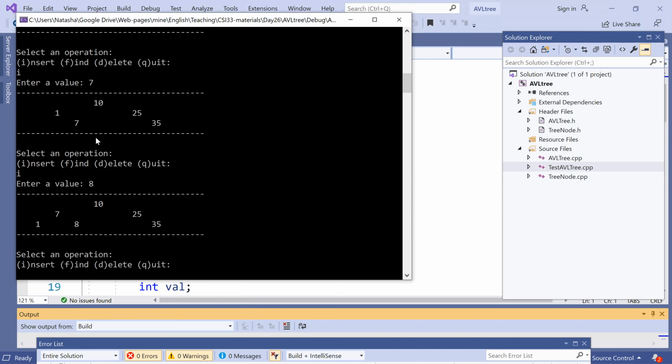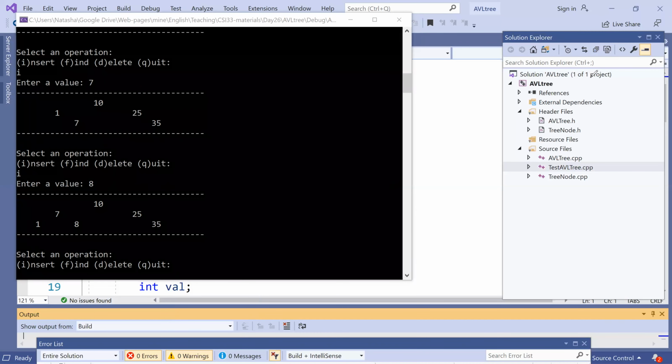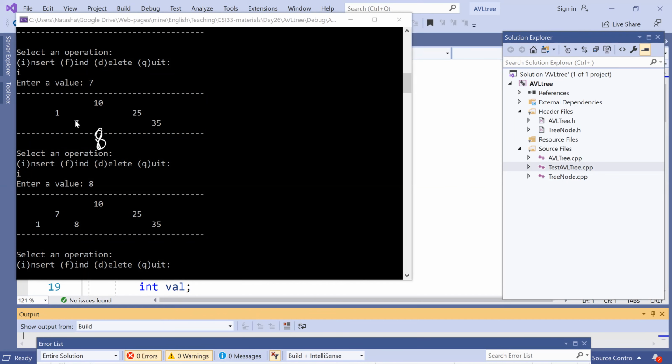Now the place where it will fail, let me just draw it, the 8. I'll draw it and I'll use the white color. Okay, so this is where it was supposed to be, the 8, right? The child. But what happens here is that the height of this tree is 1, right? Because this is the root, so 1 step down. And the height of this tree, which is not there, it's -1, right?